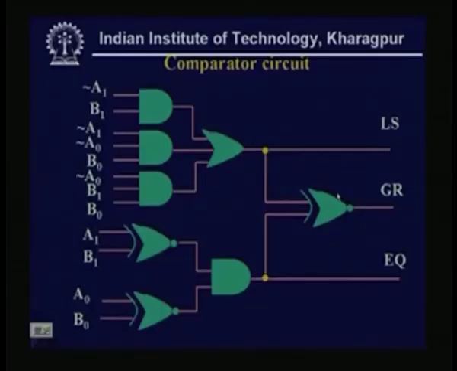Then from that set of reduced expressions we can realize the gates. Again, the realization can be of different types. What we have just discussed can be simple AND or XOR, XNOR circuits, or a different type of realization is possible. Again we will discuss further.